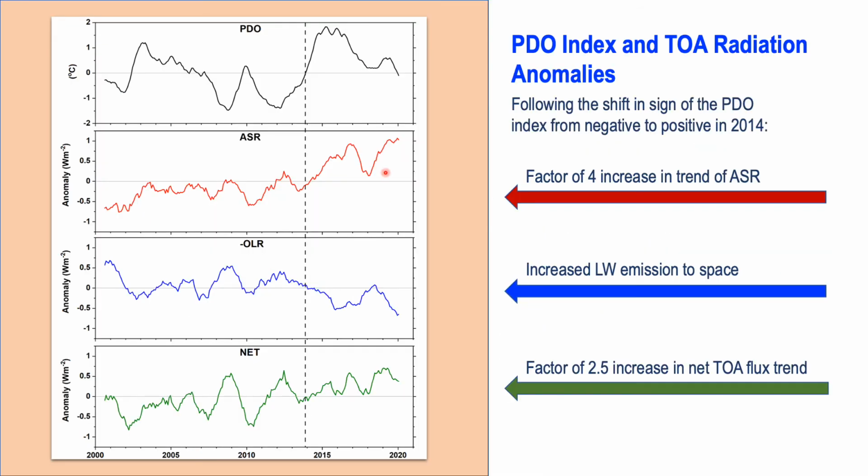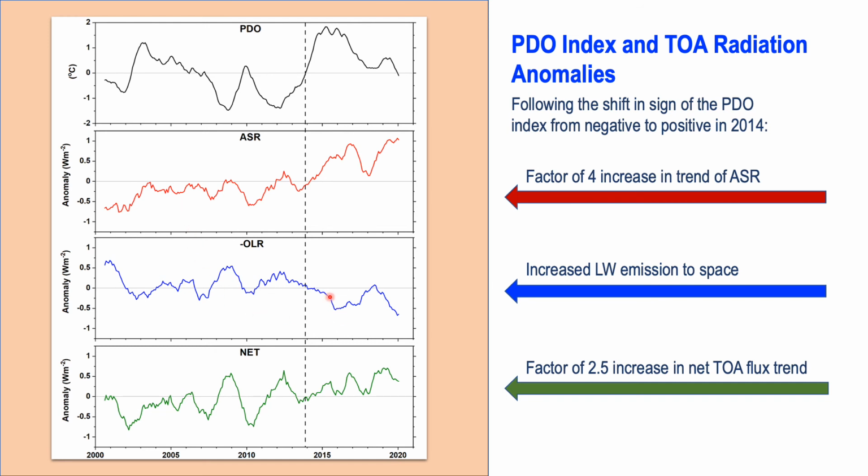So it turns out that the PDO index, shown in this top plot, went from negative to positive around 2014, given by this dashed line. And when that happened, we saw big changes in the top of atmosphere radiation. We saw the trend in absorbed solar radiation increase by a factor of 4 compared to prior years.